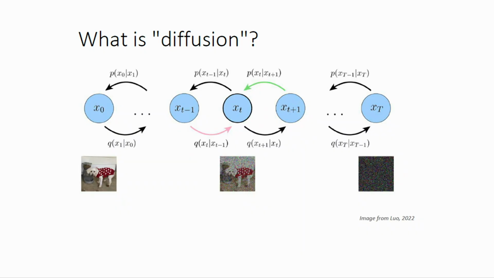So why not do it in multiple steps? People found that if the goal is to transform from random noise to an image, you could actually do it with multiple steps.